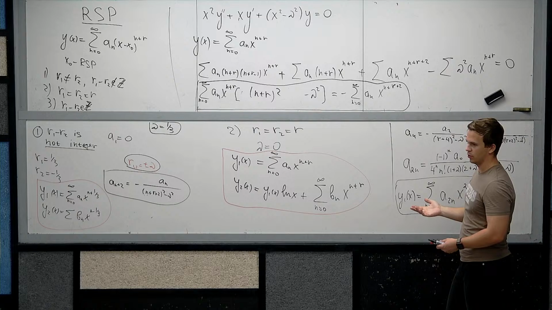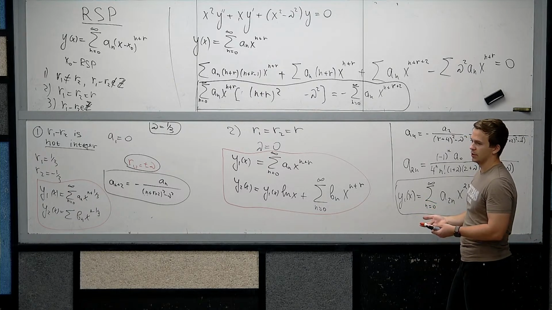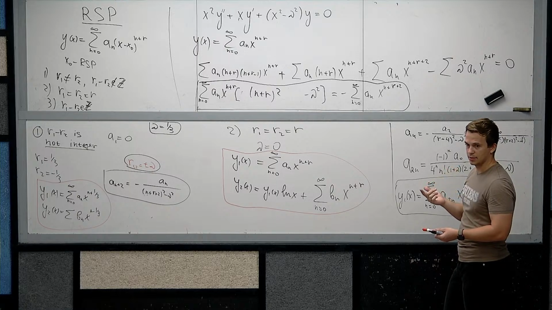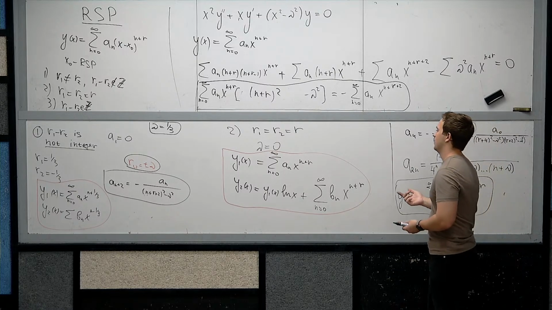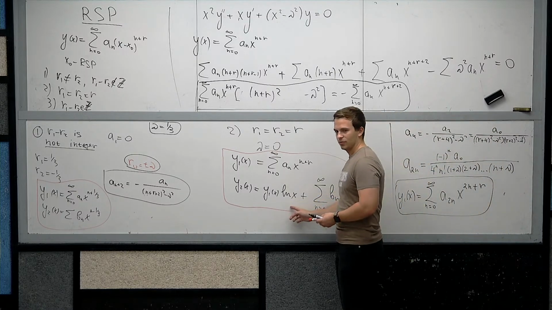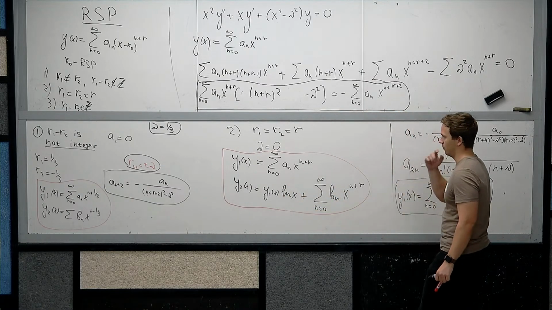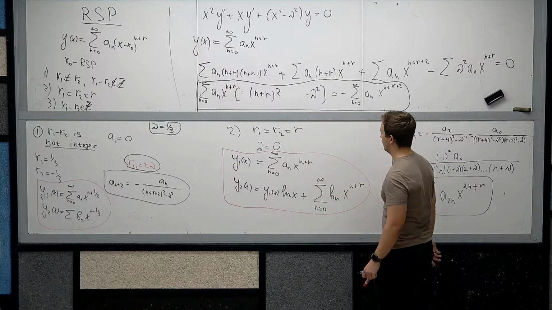And what we usually do in the Euler equation when we have this repeated root, we discussed it last time, we multiply by ln x. That's why you have here this ln term for the repeated root.